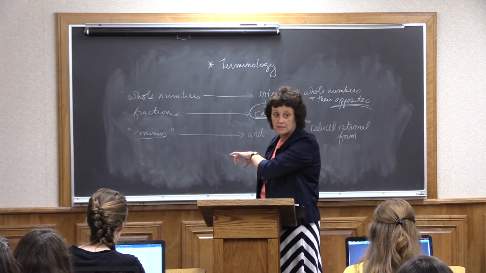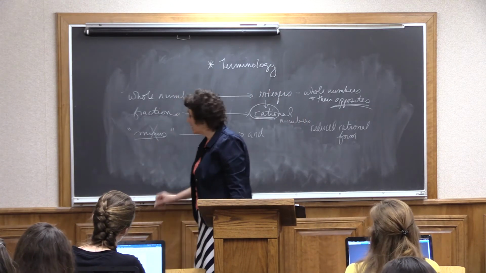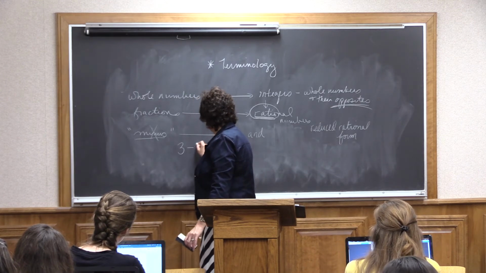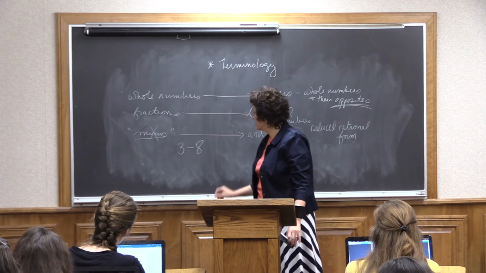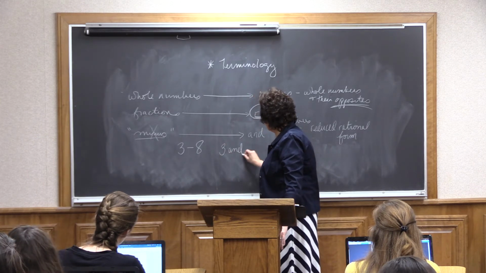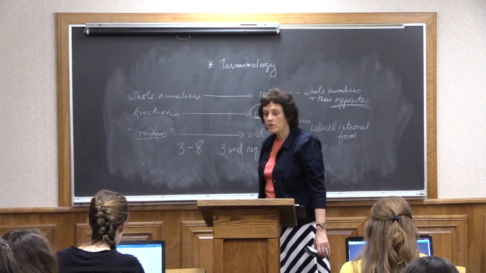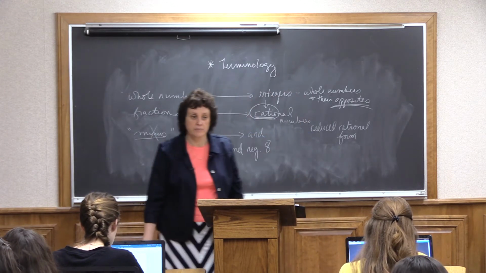Because we're going to do less and less minus, instead of saying 3 minus 8, when I see that I'm going to think 3 and negative 8. What is 3 and negative 8?